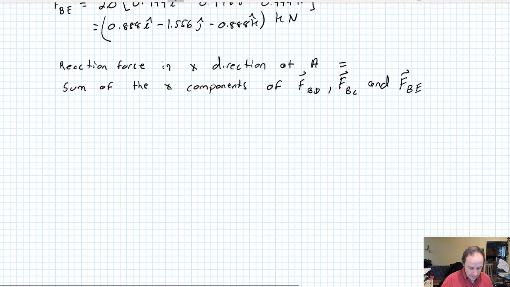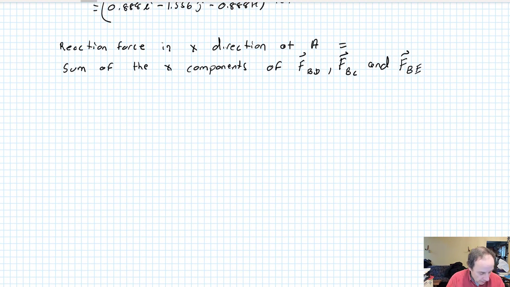Okay, so what does that look like? So AX is going to equal the sum of the i components of those three vectors.